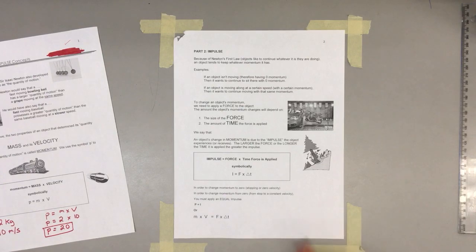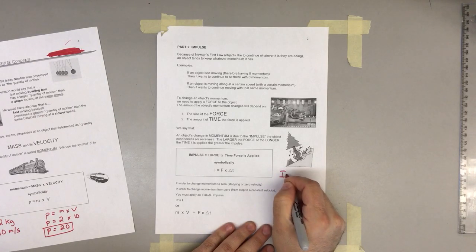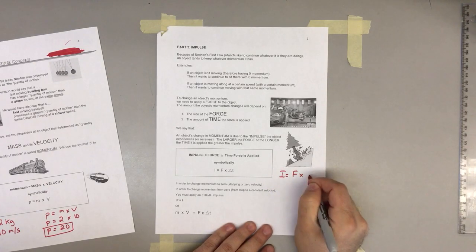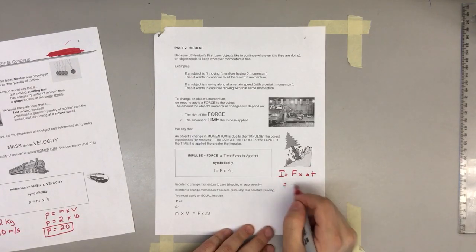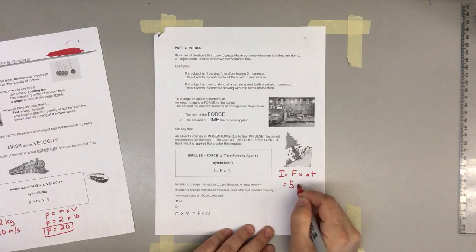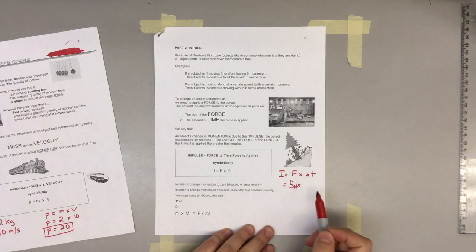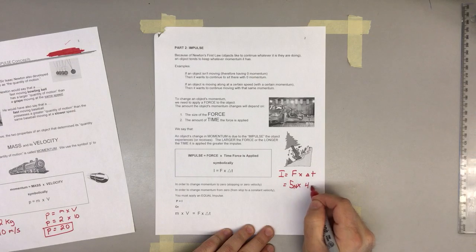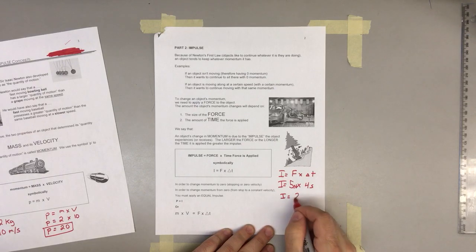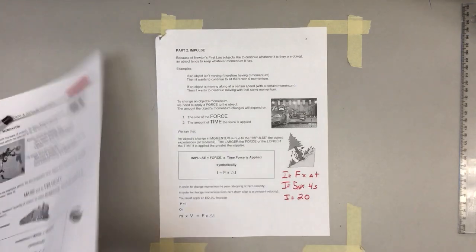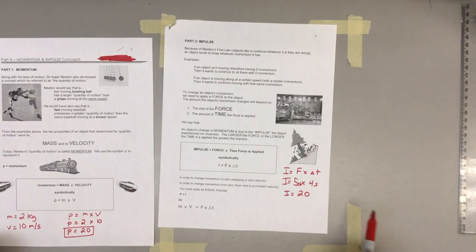An example of a way to achieve that impulse: we know that impulse is equal to force times change in time. Say we applied a force of 5 newtons for 4 seconds, we would end up with an impulse of 20, which is exactly the same as the momentum, so it would make that object stop.